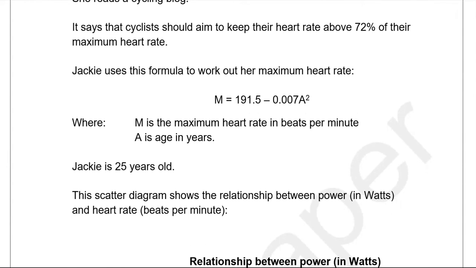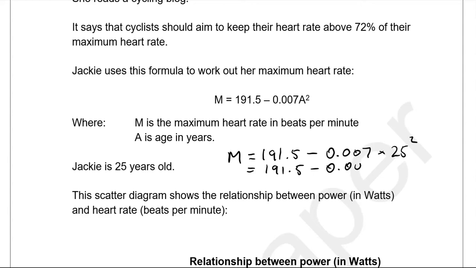So let's work out her maximum heart rate first. M is equal to 191.5, take away 0.007 times age, which is 25, squared. So this is 191.5, take away 0.007 times 25 squared is 625.